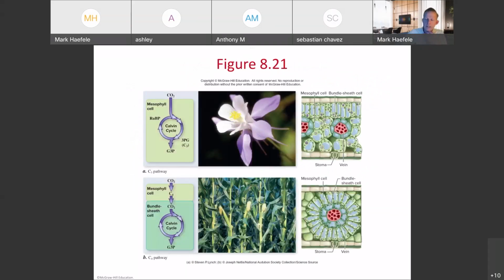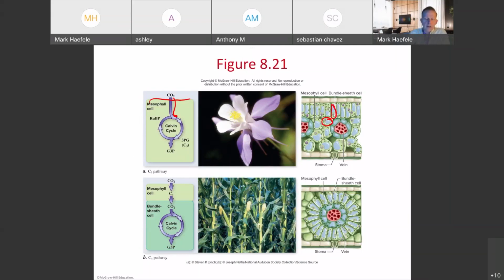First of all, we can see a C3 pathway. So for instance, columbine, and we should all be familiar with columbines. This is a situation where our carbon fixation is fixed into the Calvin cycle with Rubisco directly. So this here is a mesophyll cell. It's one of these, or the parenchymal cells, but this is a mesophyll cell.